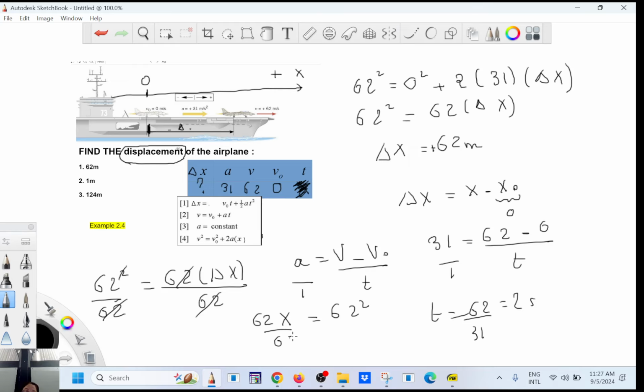So you divide by 62 on both sides. I'm isolating the unknown. Right? So I'm solving for delta x. My delta x is like my unknown, my x. So the answer will be 62 meters.